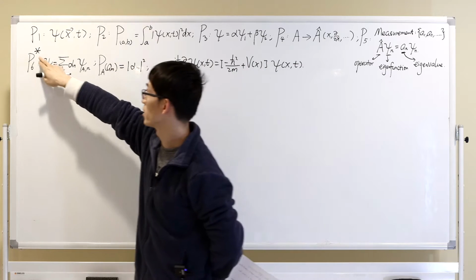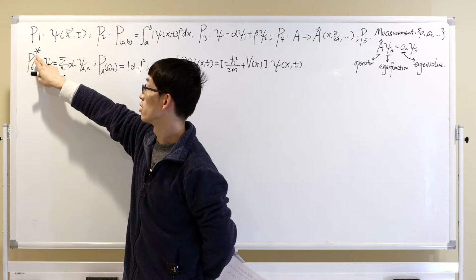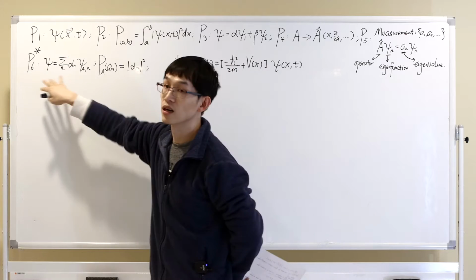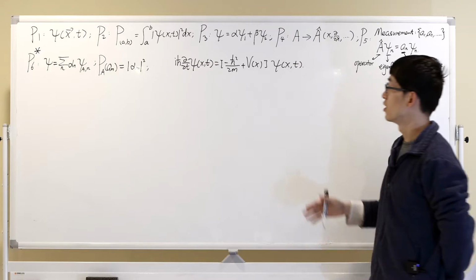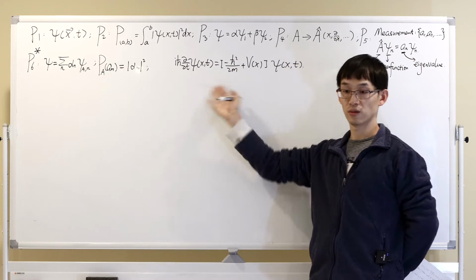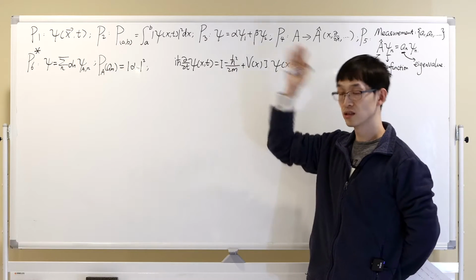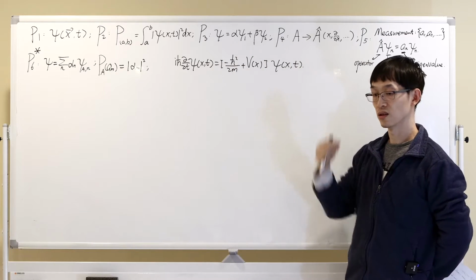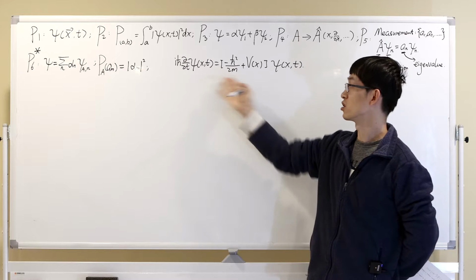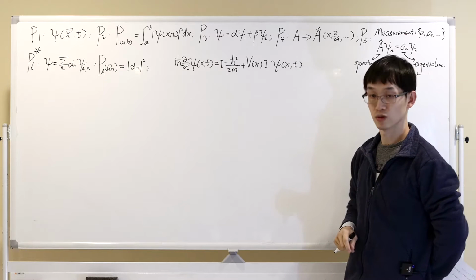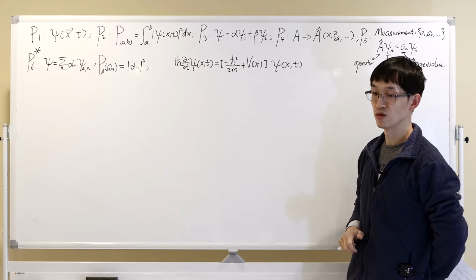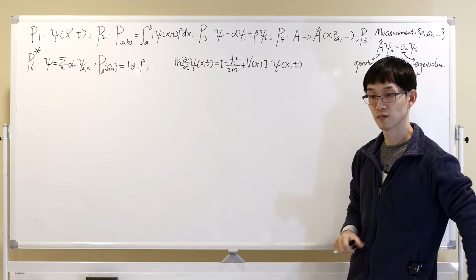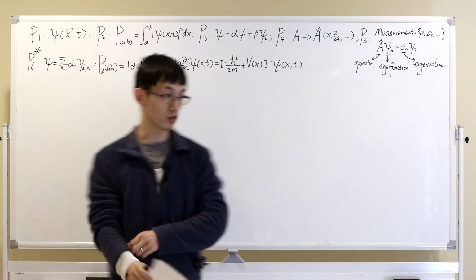This is not complete yet, so we have a star here. Later I will say there's a second half of this postulate. And of course, one final thing is that the motion of the entire quantum mechanical system is determined by the Schrodinger equation, which we introduced 2 weeks ago. So this is the starting point.